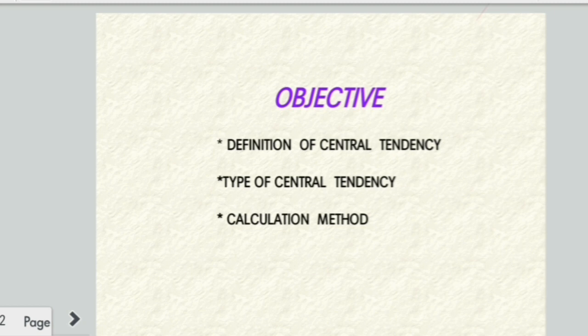The objective of statistics is to provide a concise and consistent description of a dataset and the characteristics of a dataset. There are three primary characteristics of a dataset: central tendency, dispersion and shape.